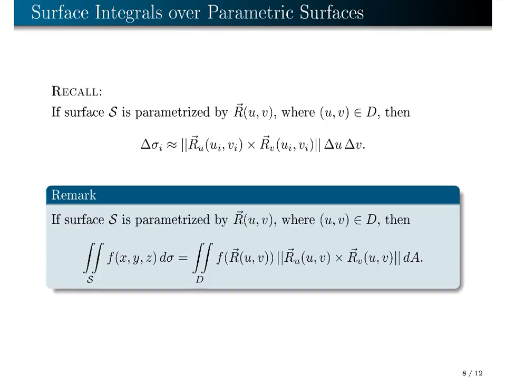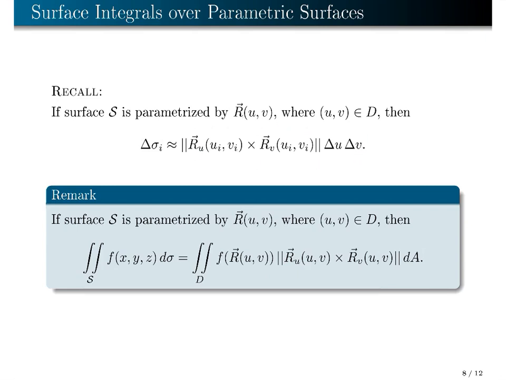From that, it follows that the surface integral of f(x,y,z) d sigma over the surface S is equal to the double integral of f of R(u,v) times the magnitude of Ru cross Rv dA over the region D. Notice that d sigma becomes the magnitude of Ru cross Rv dA.